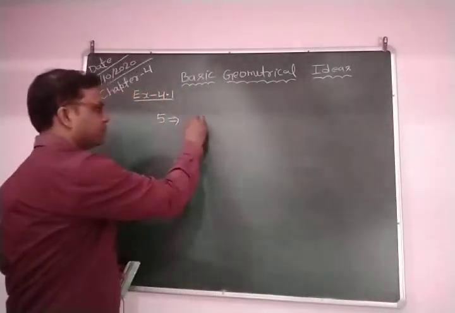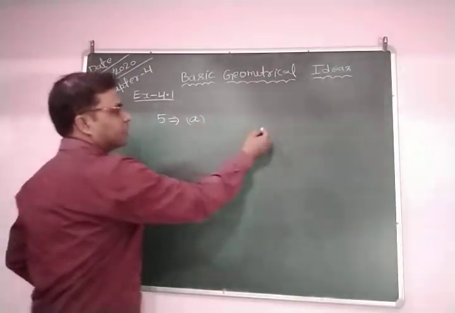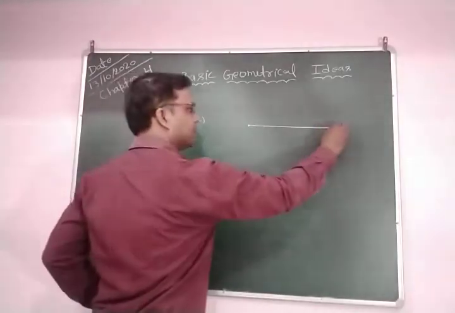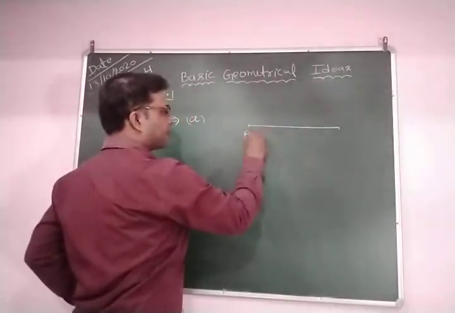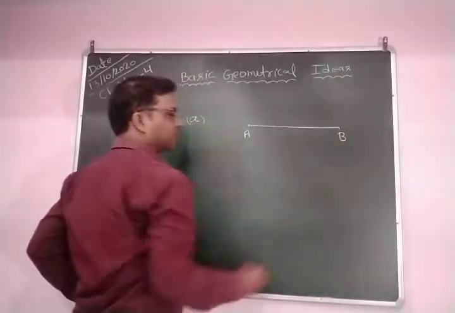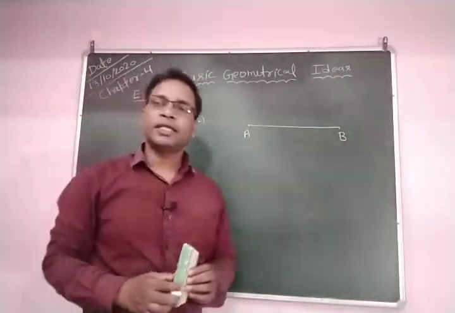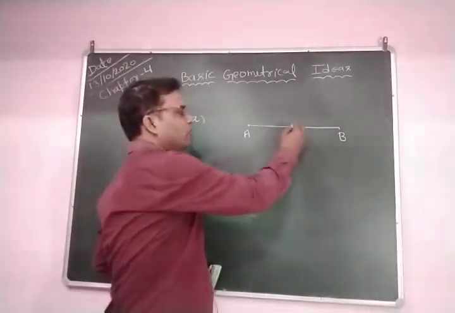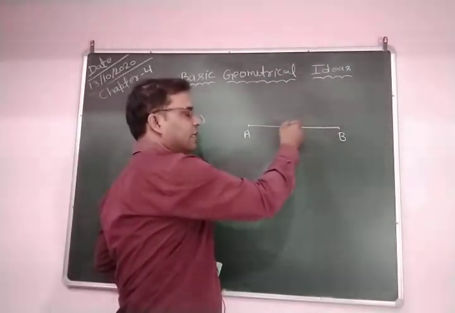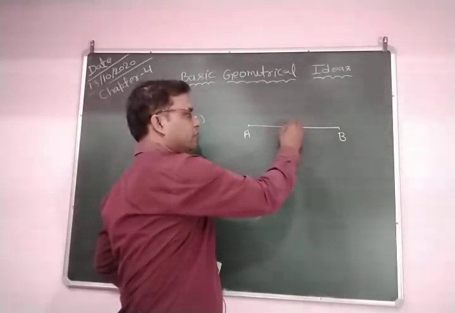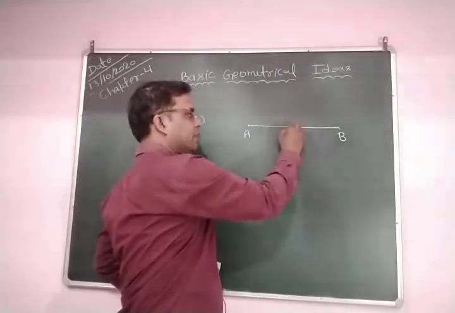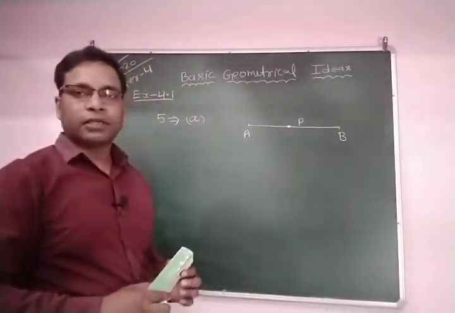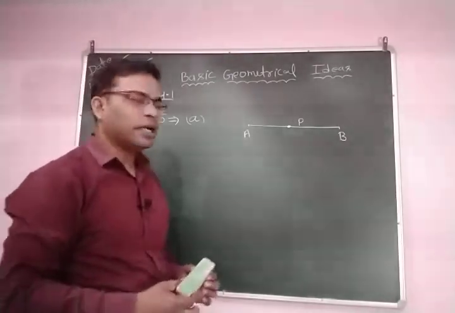So for this we draw a line like this. This is a line segment AB, and point P lies on this line segment. You can write point P anywhere on this line segment. Suppose it is here. This is point P, so this is line segment AB on which point P lies.